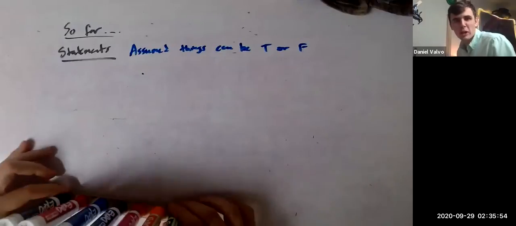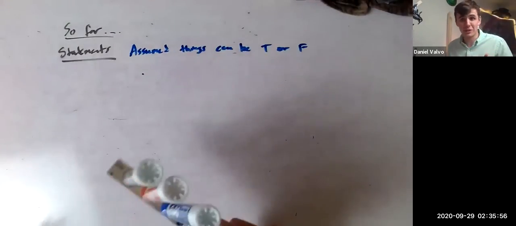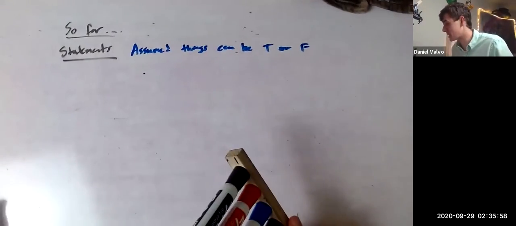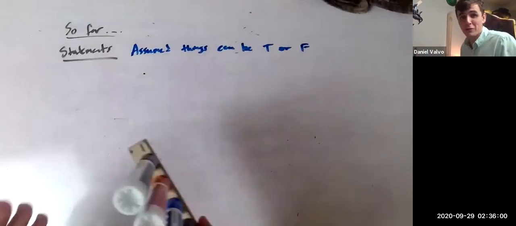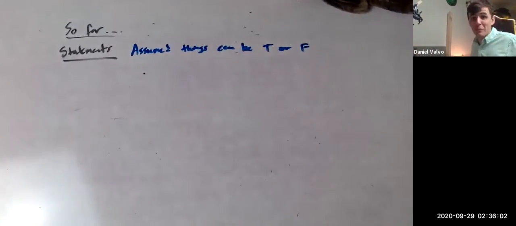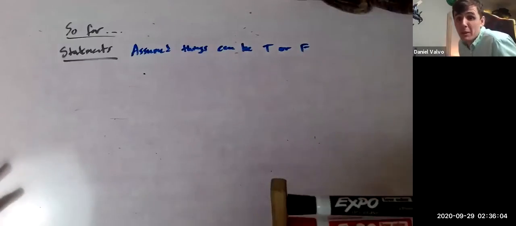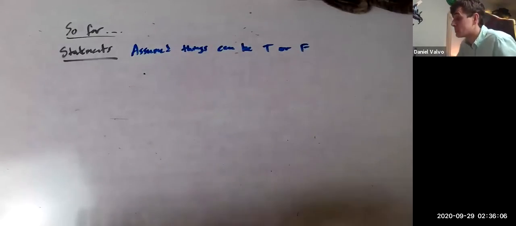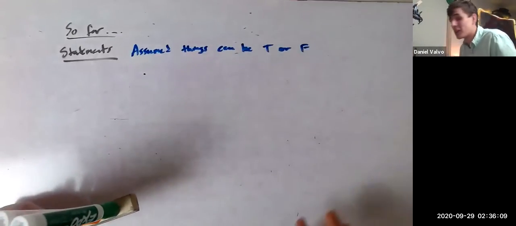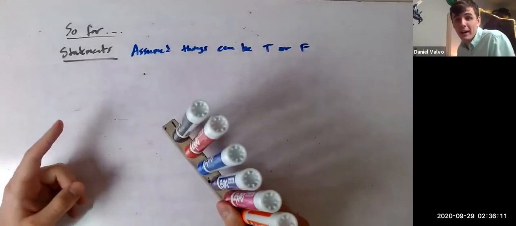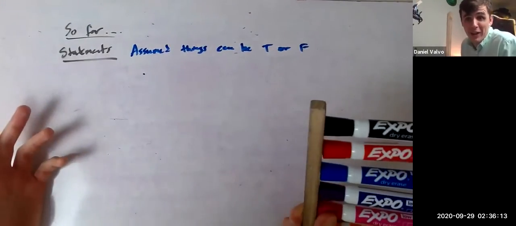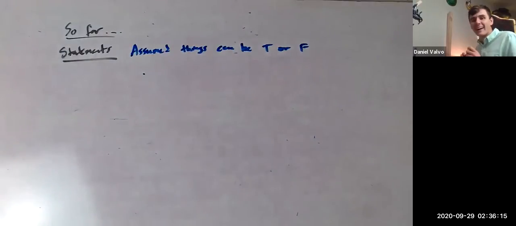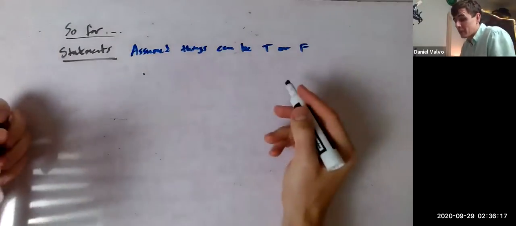Statements are only things that we assume to be true or false. We make this assumption that everything is either true or false. It seems like a really basic assumption, but it's an assumption. Some people don't make that assumption. There are whole branches of math where people spend their entire careers not making that assumption, because we've run out of ideas in math, apparently. But yeah, that was an assumption.